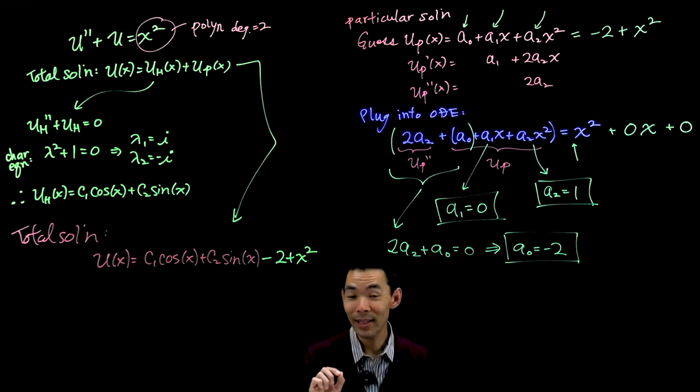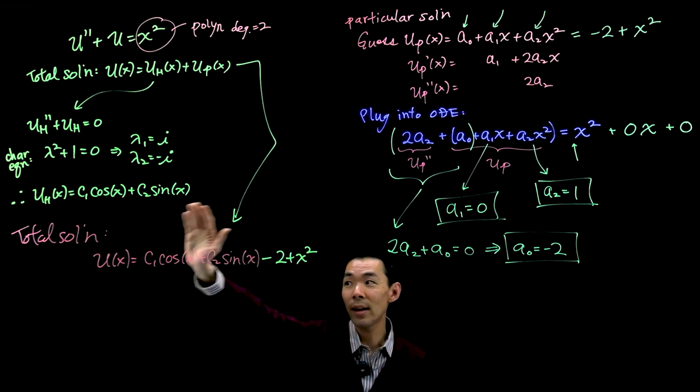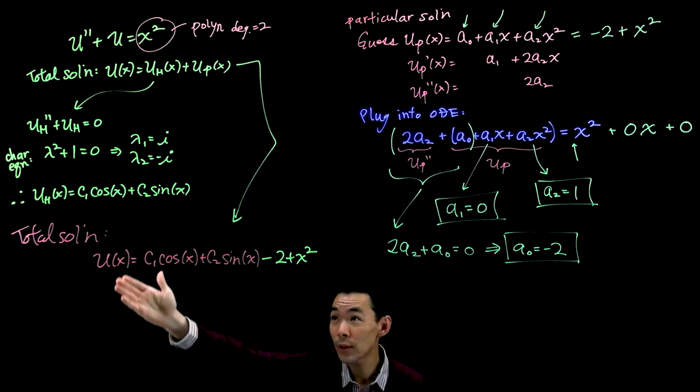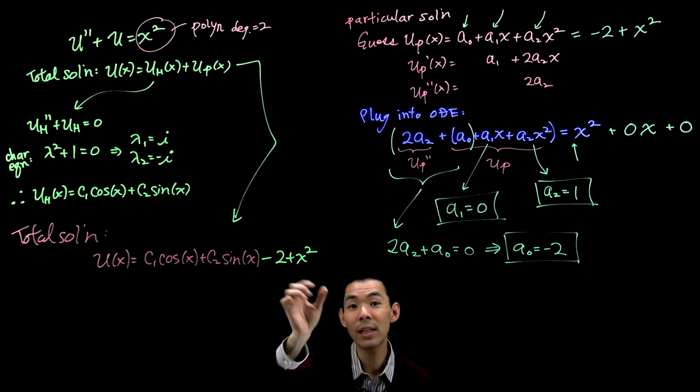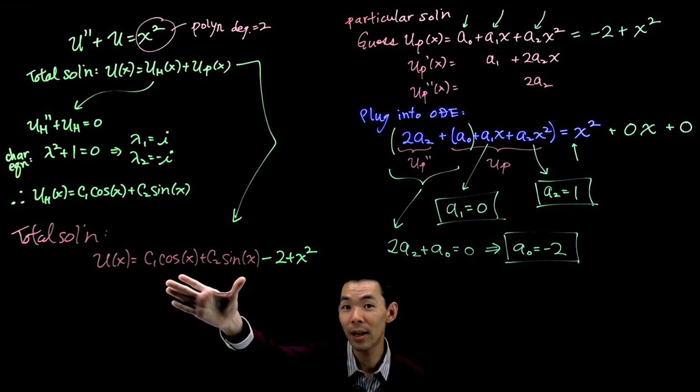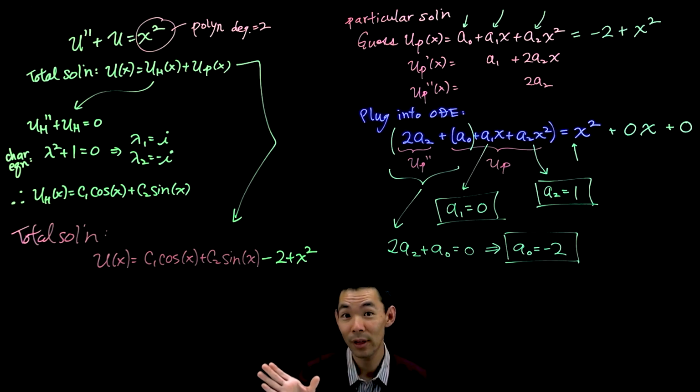The important point is you need to evaluate those boundary conditions and initial conditions on the total solution here, including the particular solution. You can't just take the homogeneous solution and expect that to give you the constants of integration with the boundary condition, initial condition.